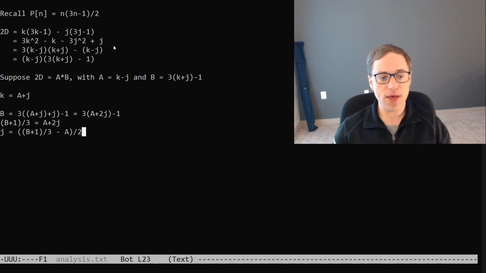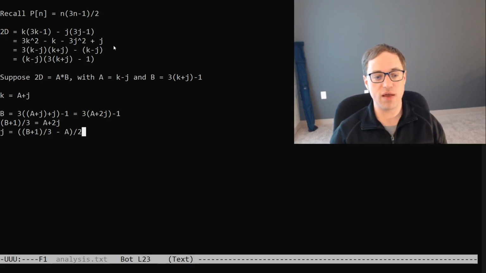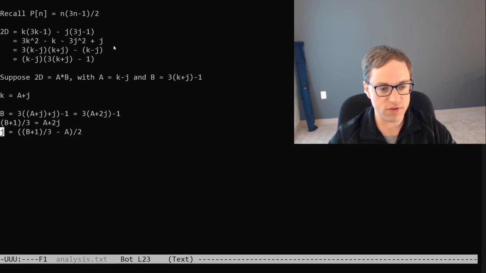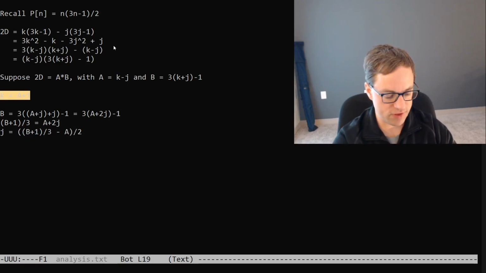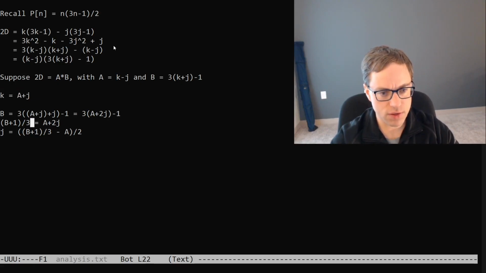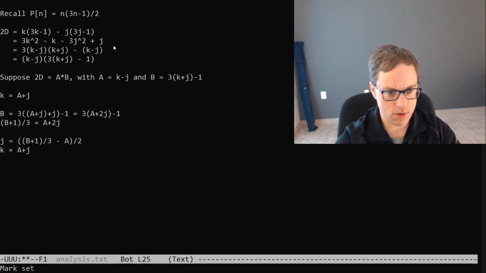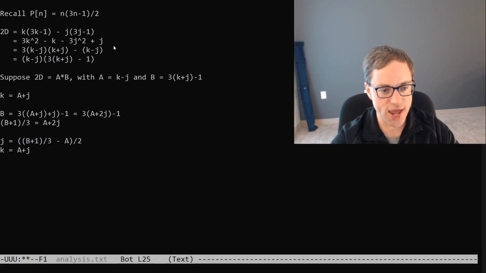Okay, so now given our factor pair a and b, we can calculate our values of j and k. Let's actually copy this down here. So these are our values of j and k in terms of a and b.